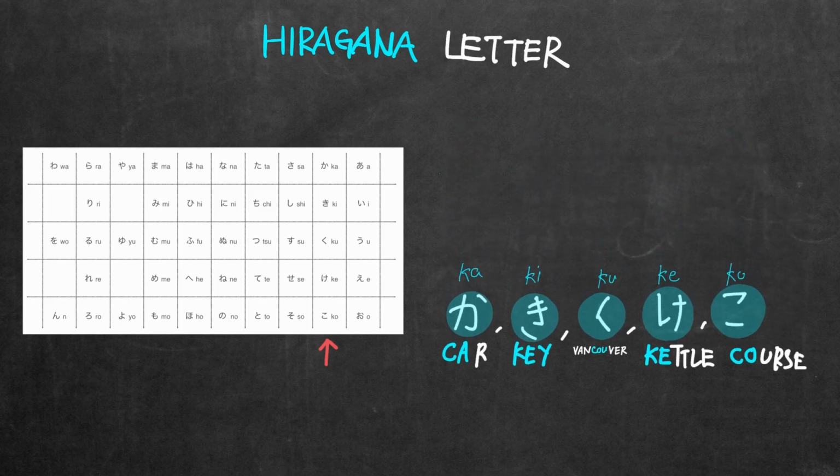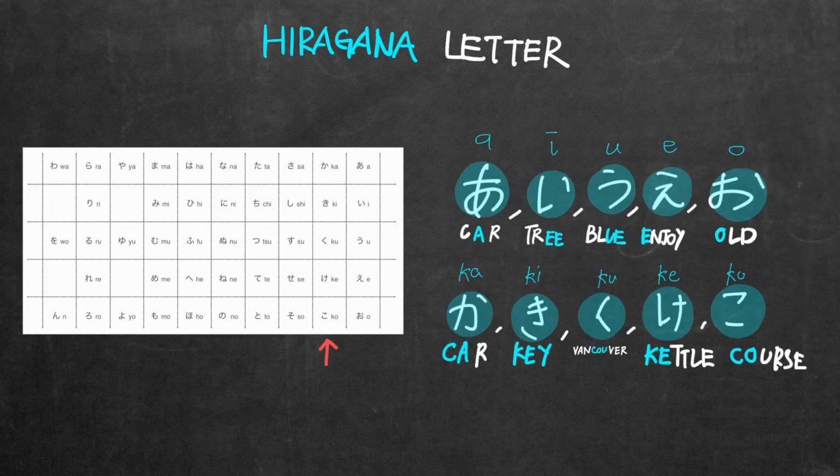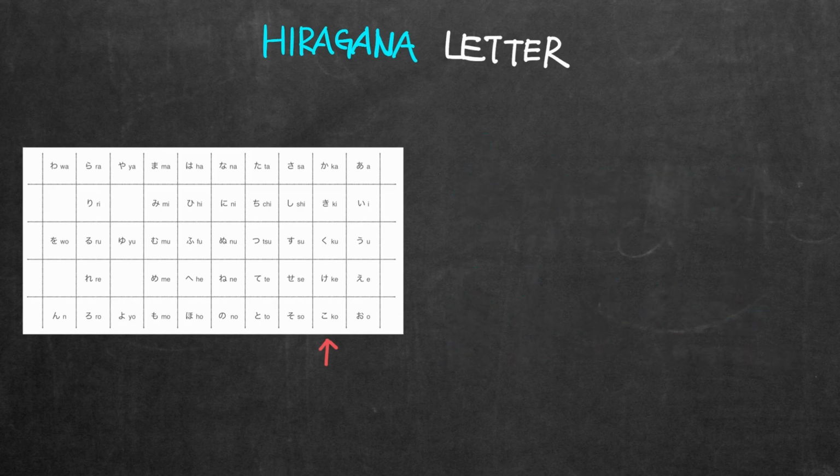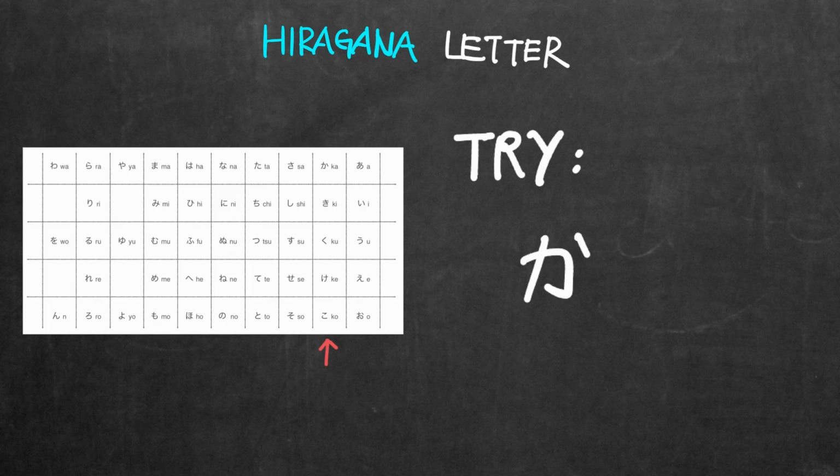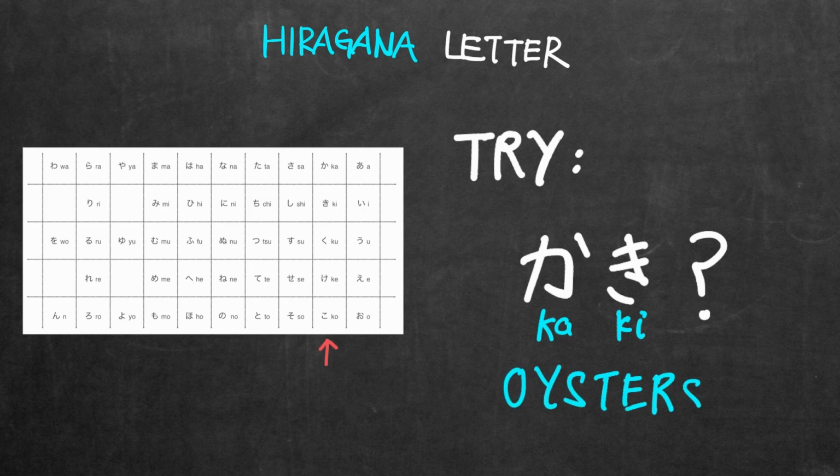Using all the hiraganas that we have just learned, let's try a simple quiz. As always, give yourself 3 seconds to try reading this. This is the letter ka and ki. Together they are read as kaki, which means oyster.